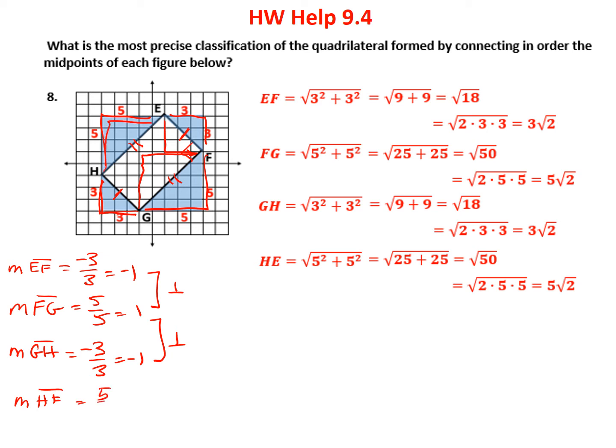So that's 5 over 5, or 1. So these two are perpendicular. And of course, I could run this one back to here as perpendicular. So what I've proven here is that all of these 4 angles are right angles. So that means this is indeed a rectangle.